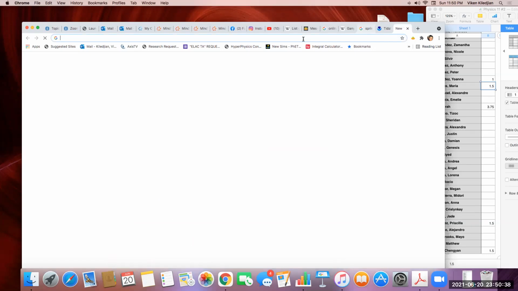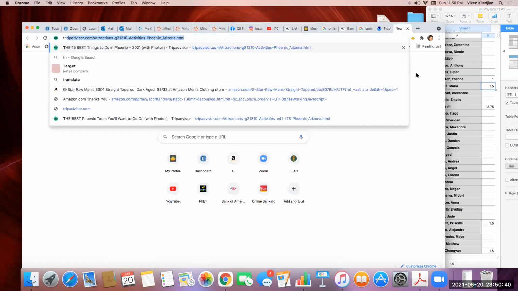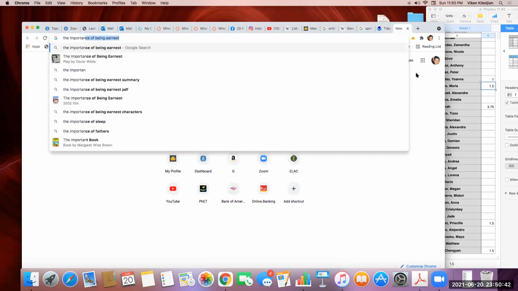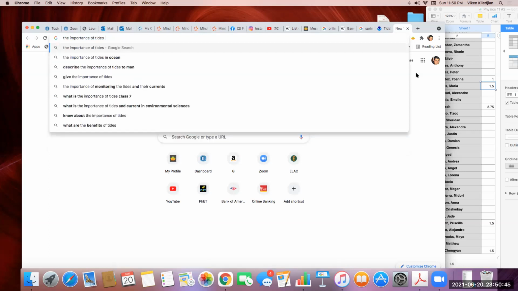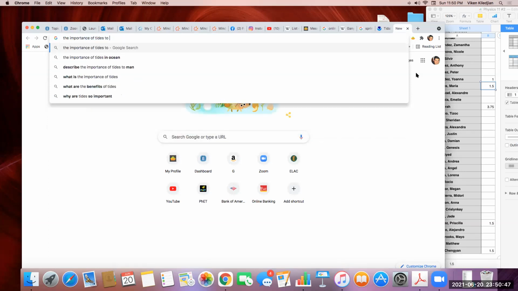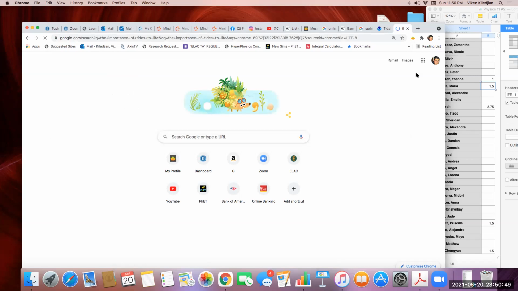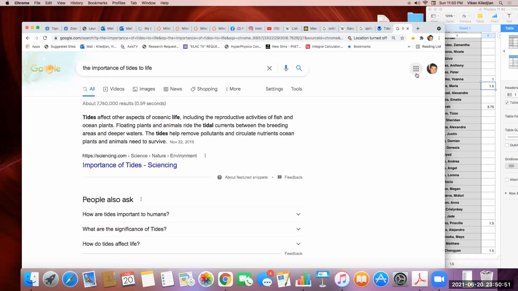So you could see tides affect other aspects of oceanic life, including reproductive activities of fish and ocean plants. Floating plants and animals ride the tidal currents between the breeding areas and deeper waters.